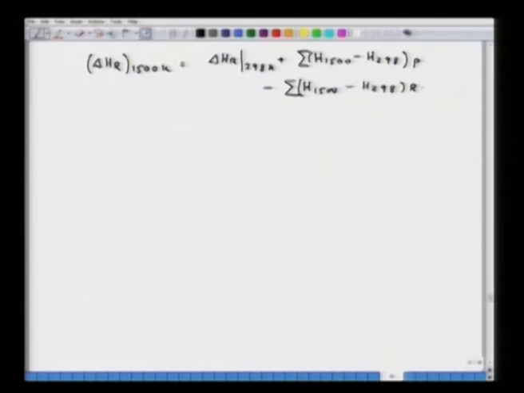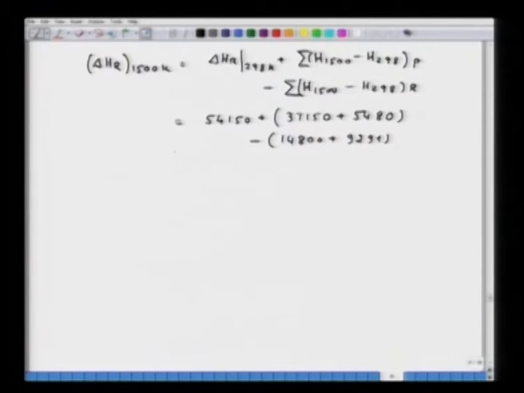Now, the values are already given, so I am straightaway substituting the values: 54,150 plus 37,150 plus 5480 minus 14,800 plus 9291.